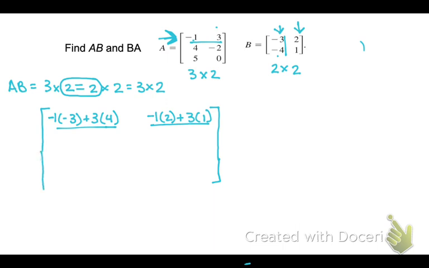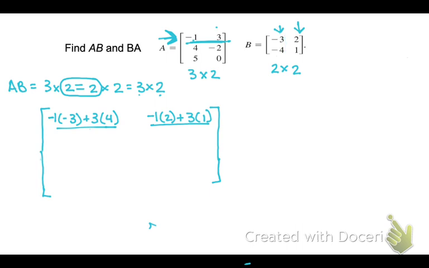So we've said our answer is supposed to be 3 rows, 2 columns. Do I have 2 columns? Yes. So if I had more columns, I would just take this first row times every single column. Okay, now I got the first row times all the columns.